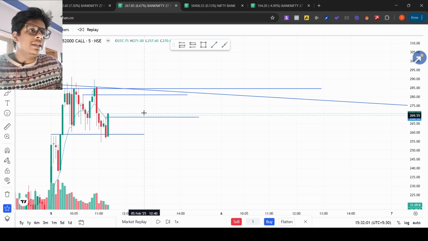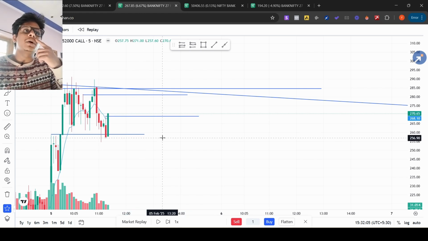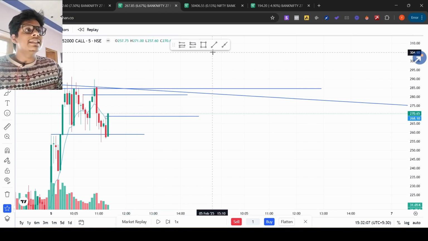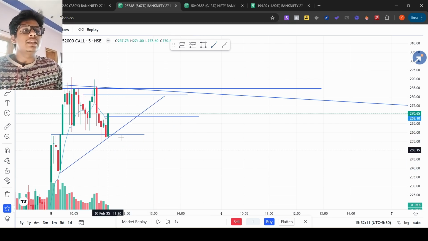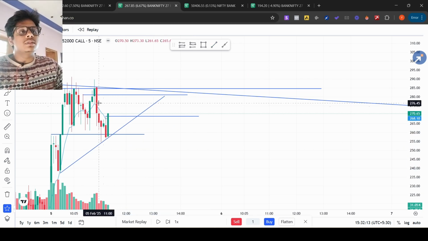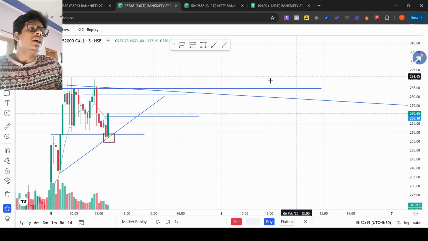So here what you can clearly see is, first of all, there is a great breakout above, and the POI, the trend line is in our favor as well, because the price is most likely to reverse back from this point.